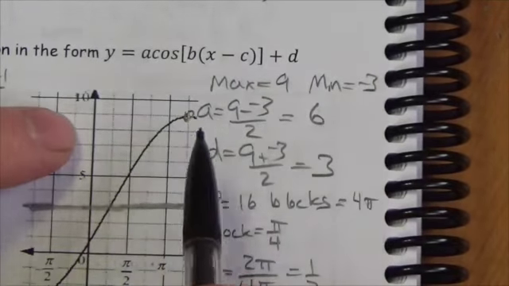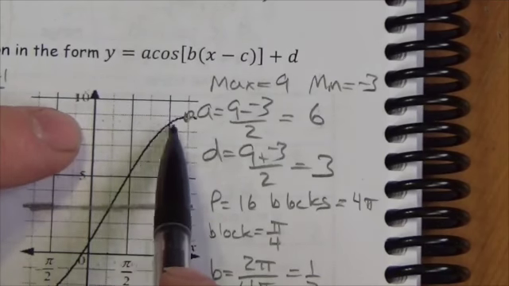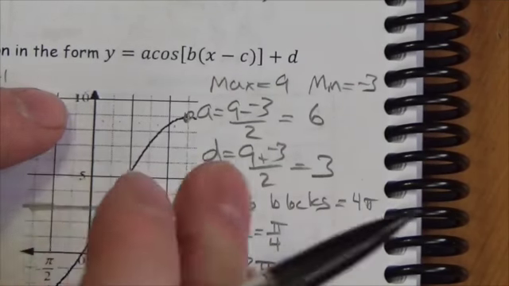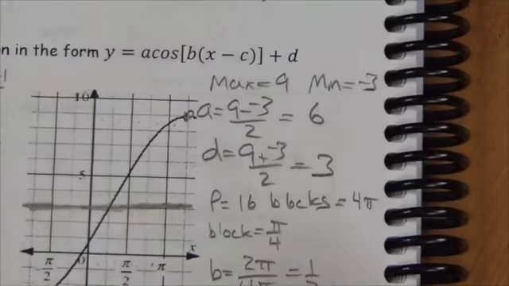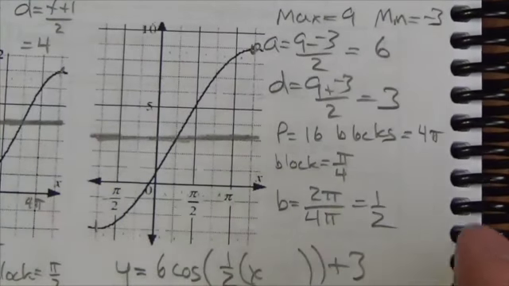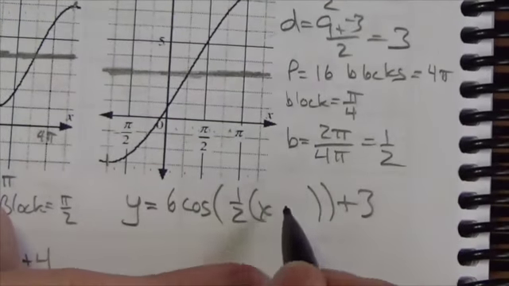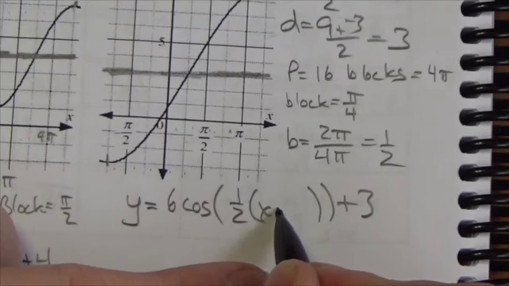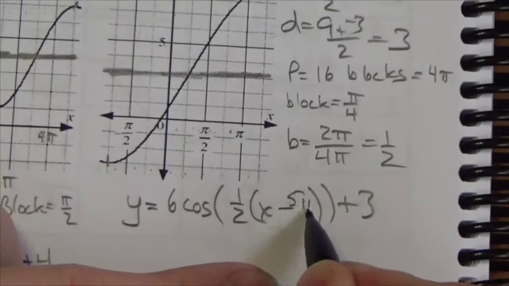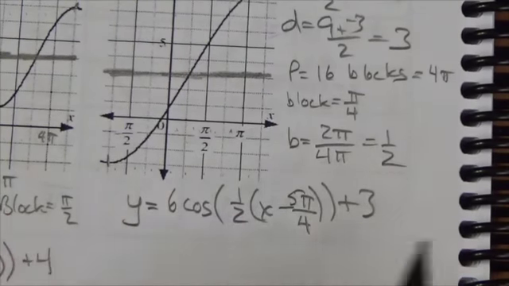I can just count this out here: 1, 2, 3, 4, 5. It's been shifted over 5 of those blocks to the right. Each block is pi over 4, so in the equation it'll be shifted to the right 5 pi over 4. That's what we're looking for.